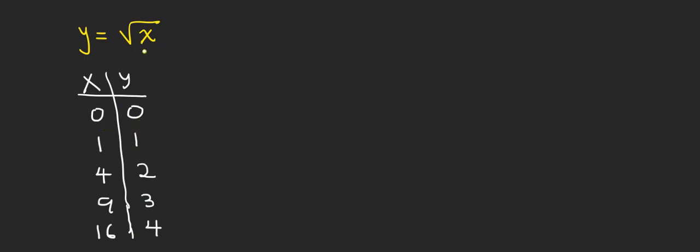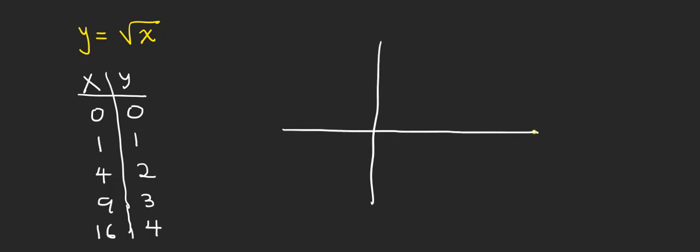Now notice, if you put a negative number here, you get an imaginary number. So negative 1, negative 1.5, any negative number for x, the y does not exist. So the graph of y equals radical x will look something like this.